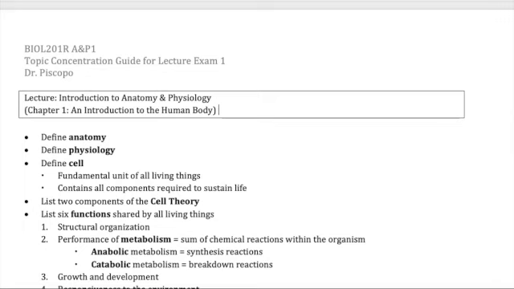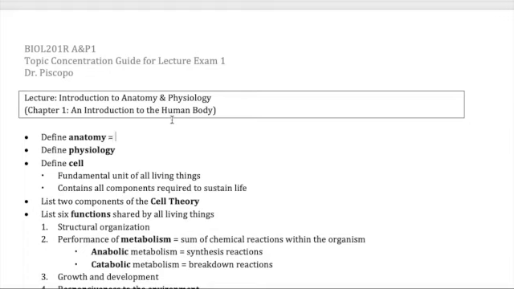If we go back to the Topic Concentration Guide, the very first 2 things say define anatomy, define physiology. These are things that you're going to have to do on the exam, or at least be prepared to do on the exam. Now, once you have this document downloaded to your computer, you can write on it.